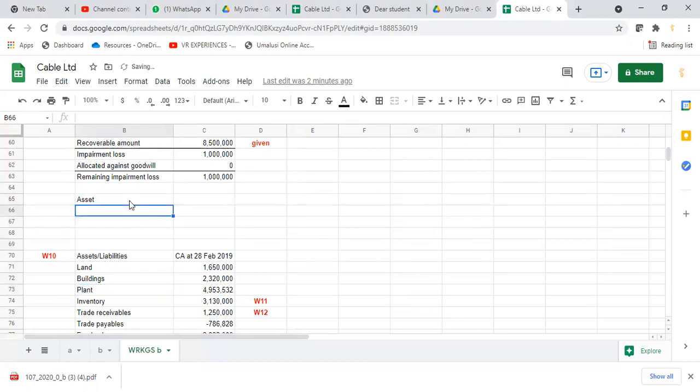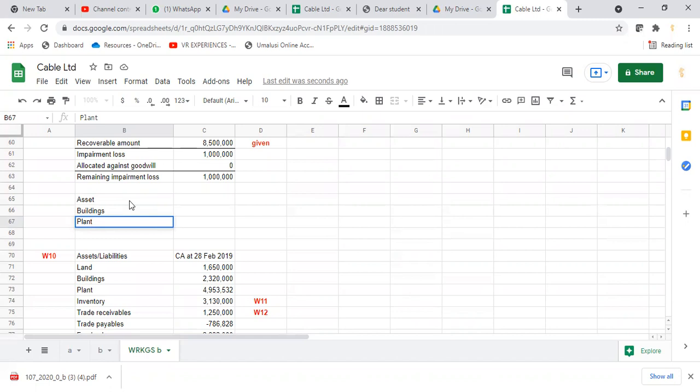So the assets are buildings and plant. The reason we're not allocating against land, even though it is PPE and an asset that impairment can be allocated against, is that if we did allocate against land, we would have to do a reallocation.